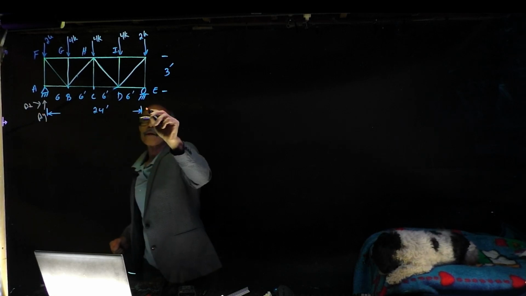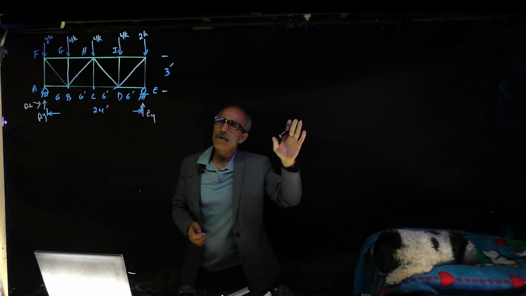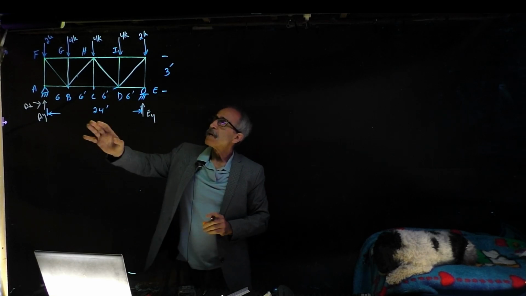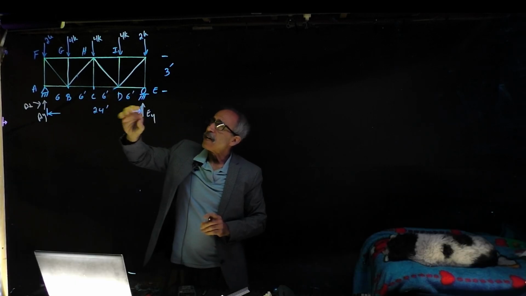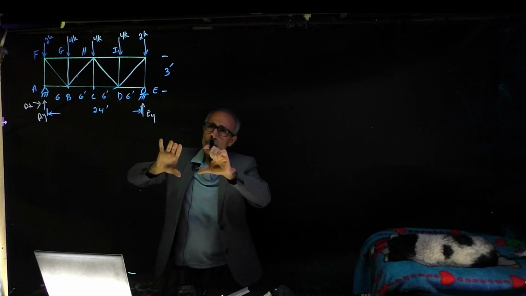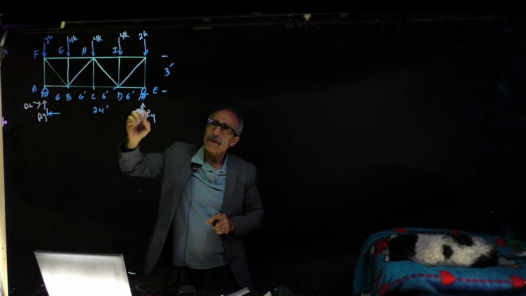Basically, if I do a free body diagram, I have two forces right there, AX and AY, and then I have an EY. And take a look at what I have on the board. With the method of sections, you go ahead and make an imaginary line between the trusses, and in that way you have two separate trusses, and replace where you make the cut with the internal forces.